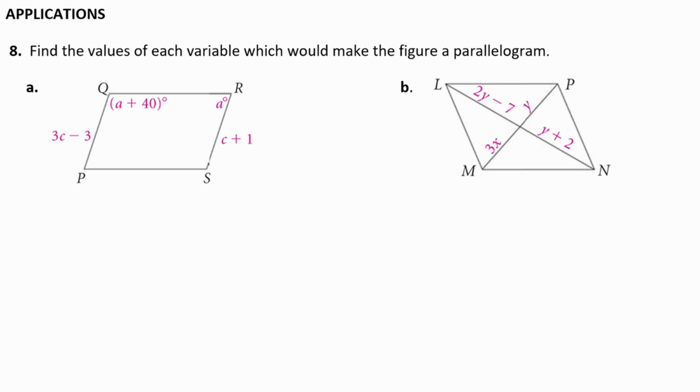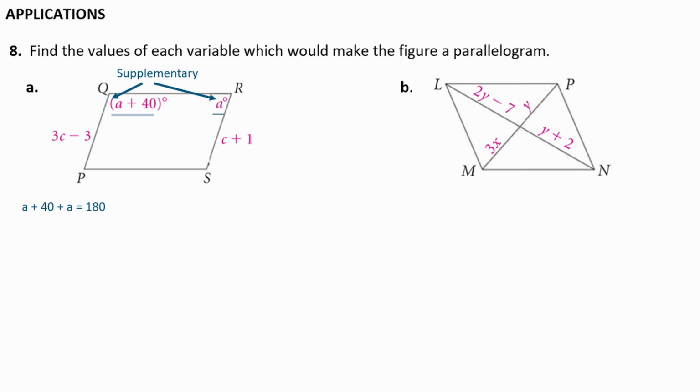So for part A, in a parallelogram, we know a few things. We know that consecutive angles are going to be supplementary. So based on this, I'm going to take these two expressions that have A in them, since they're my angles Q and R and they're consecutive angles, and I'm going to add them together and set them equal to 180.